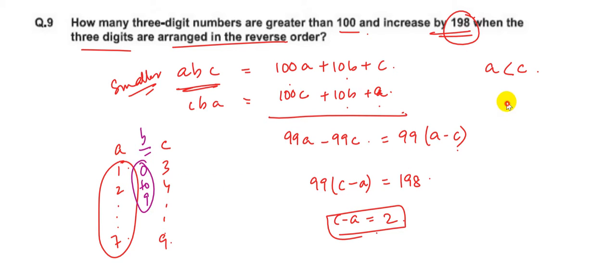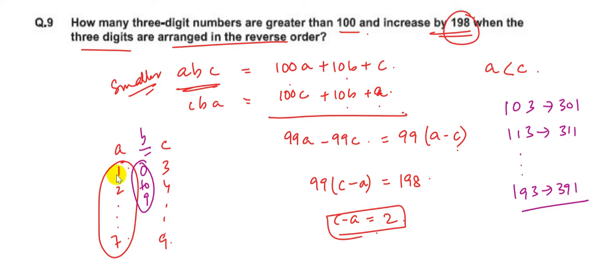So for example, 103 will become 301, 113 will become 311, and so on up to 193, which will become 391. So for each set of values of A and C, B can take 10 values. So for the 7 sets of values of A and C, there will be 7 into 10, which is 70 numbers.